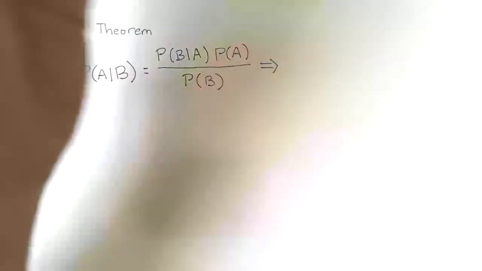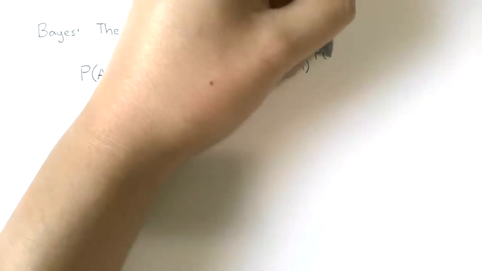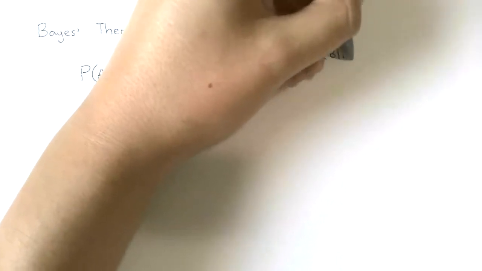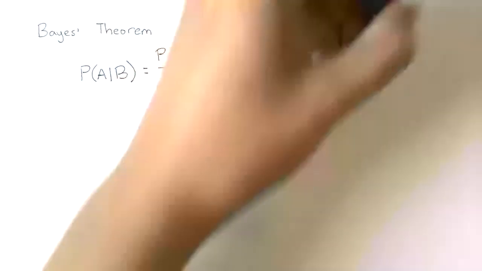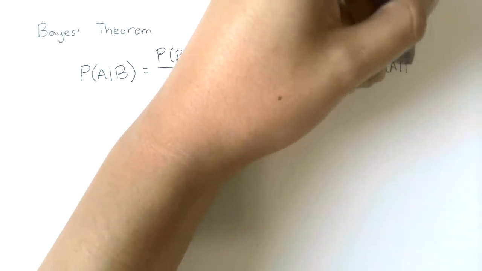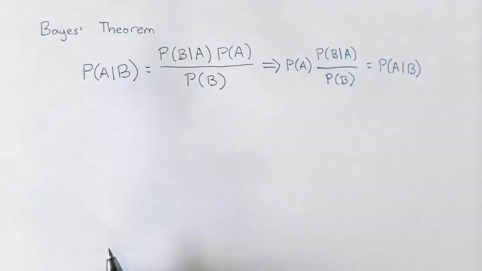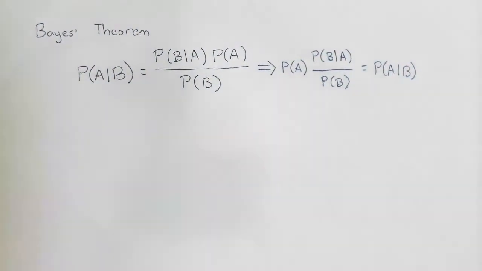Okay? So let's see. We have the probability of event A, the conditional probability of event B given A, the probability of event B, and all this is equal to the conditional probability of A given B. Why do I reorder it this way?